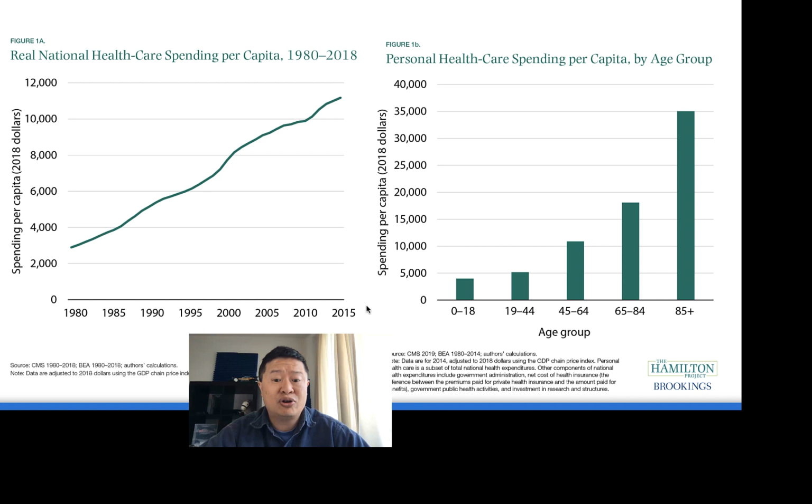And when you look at that broken down by age group, certainly younger folks, 44 and under, are still spending less than $5,000 a year on healthcare, although that's a serious chunk of change. But when you look at the 85 and older group, that's $35,000 per year just on healthcare. And even for the retirees that are just 65 to 84, they're pushing almost $20,000 in healthcare spending per year.